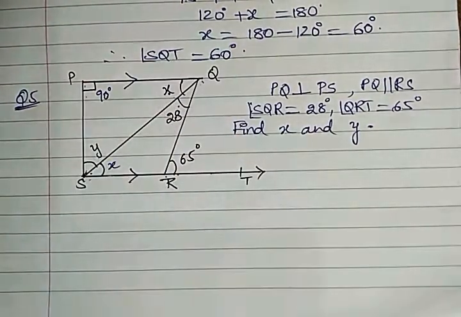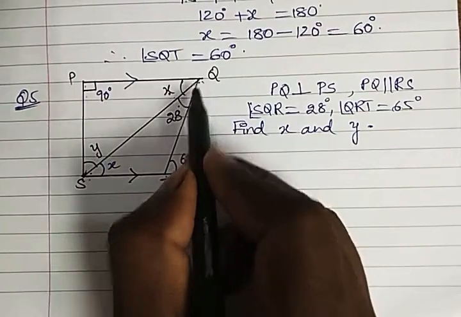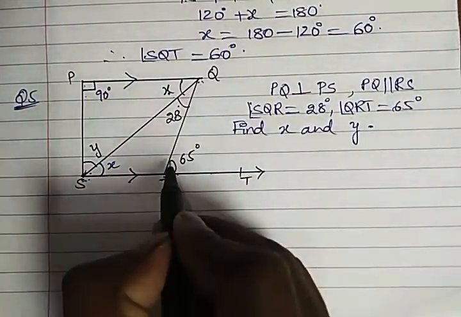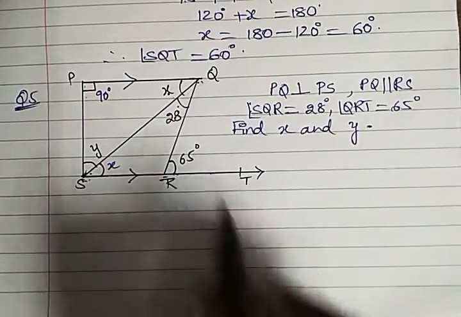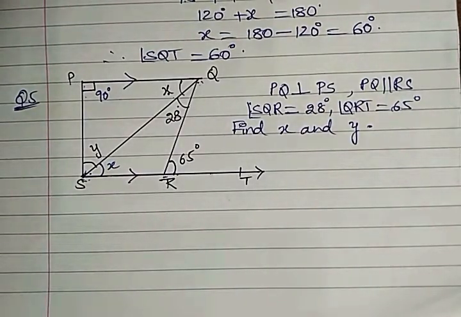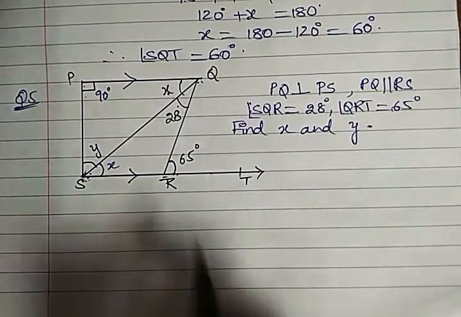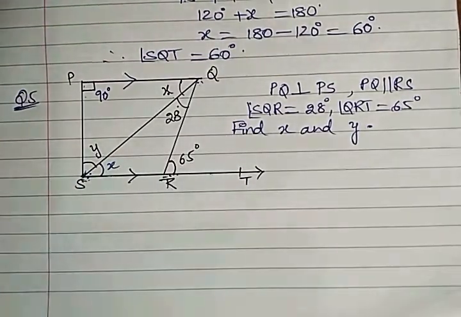Alternate interior angles. Okay. Then we can also see that if you consider triangle QSR, or SRQ, here we have got an angle of 65 degrees, which is an exterior angle to triangle SQR. It is an exterior angle.